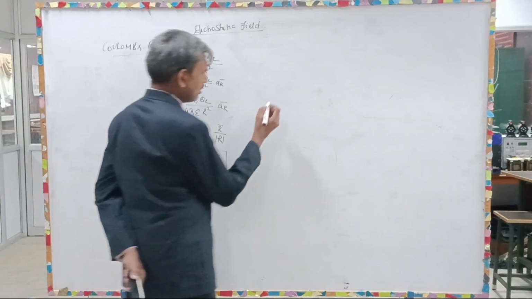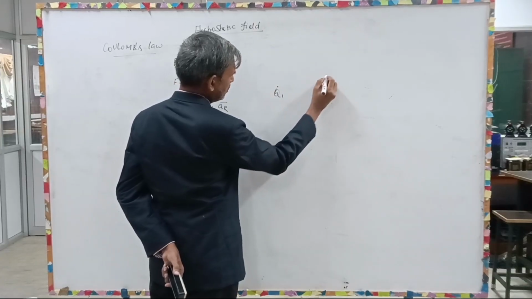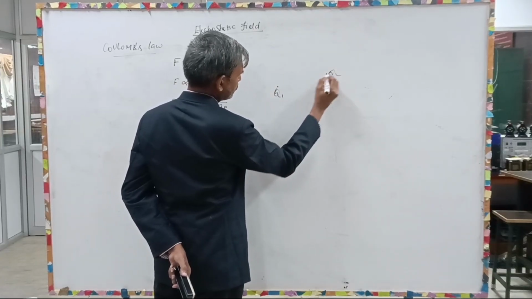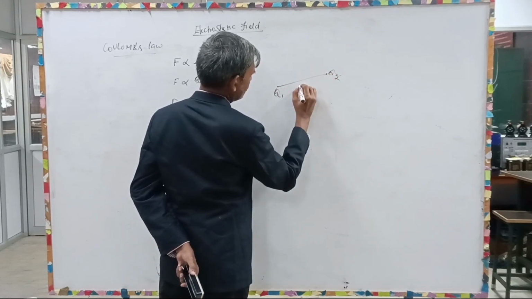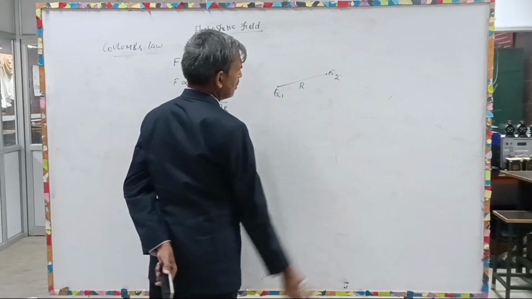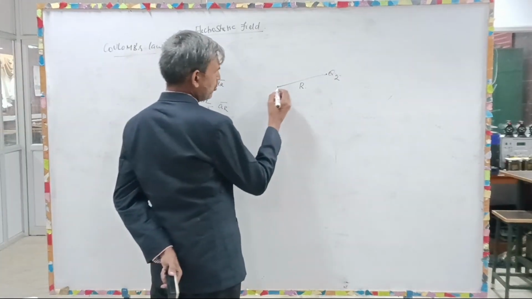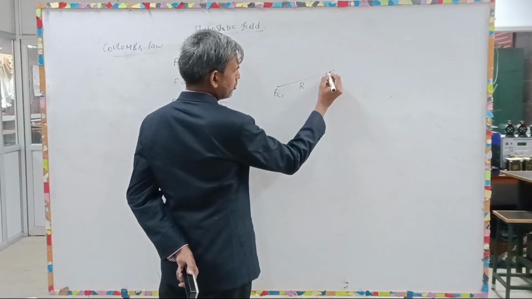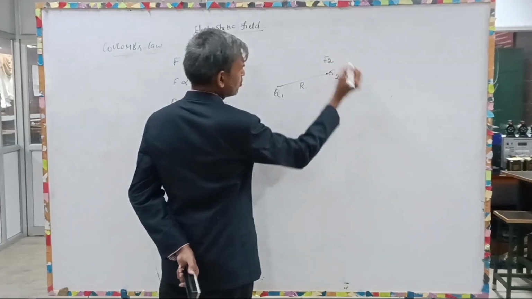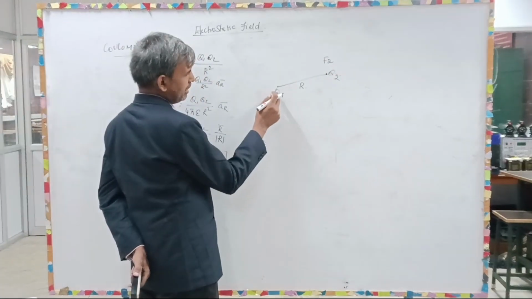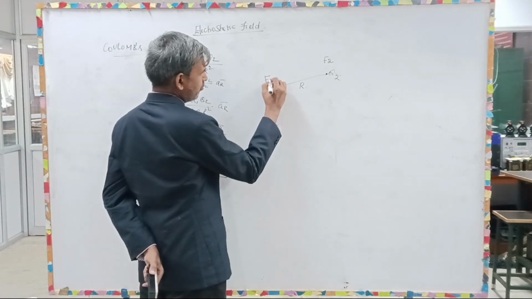Let us consider the two charges Q1 and Q2. The distance between the two charges is R. Now we are finding the force on Q2, which is F2, and the force on Q1, which is F1.